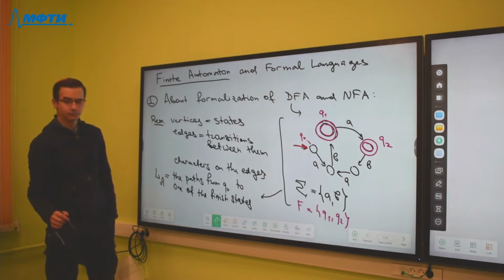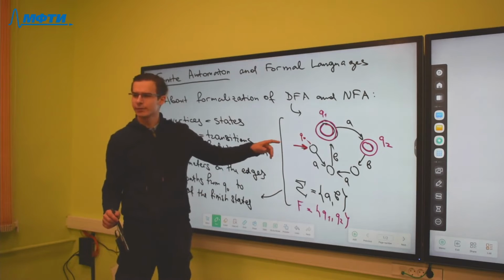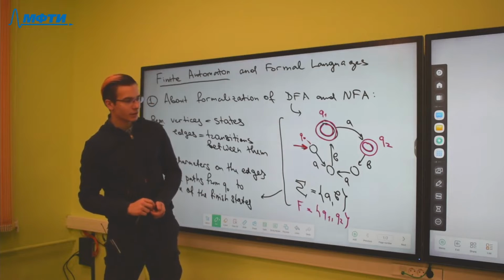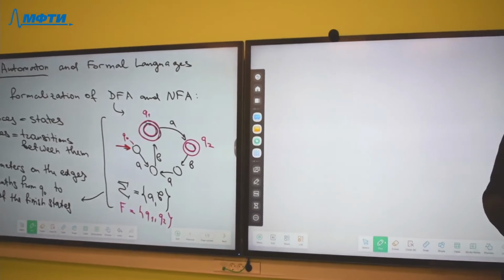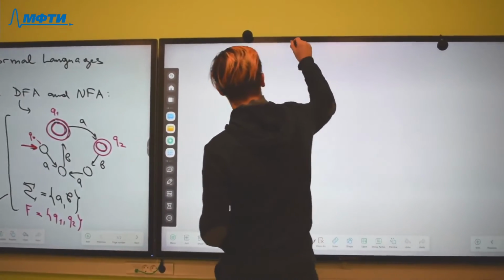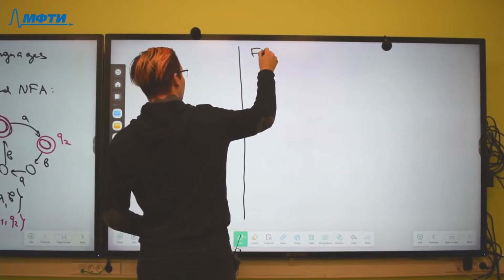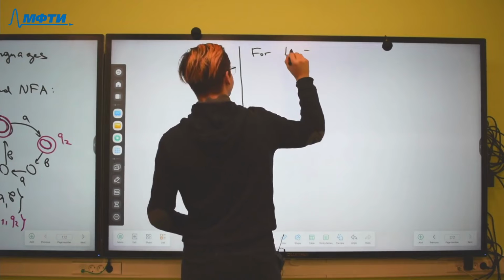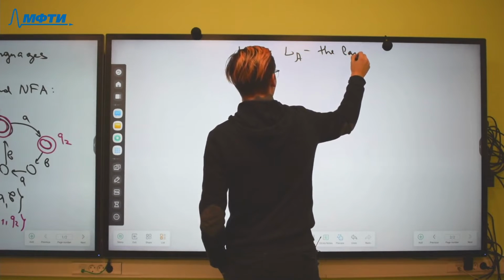How do you show that? Like a set, AB, for example? How do we show the language of A? Okay, yeah. We can show it by a regular expression.